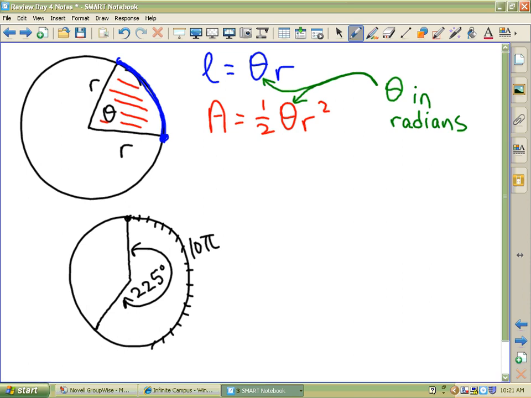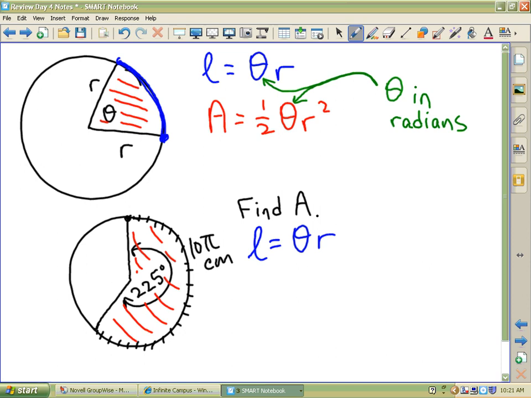So this arc length is 10 pi centimeters, and I want to find the area of this sector. I'm pretty sure I know how to substitute into the blue formula to get the red formula.